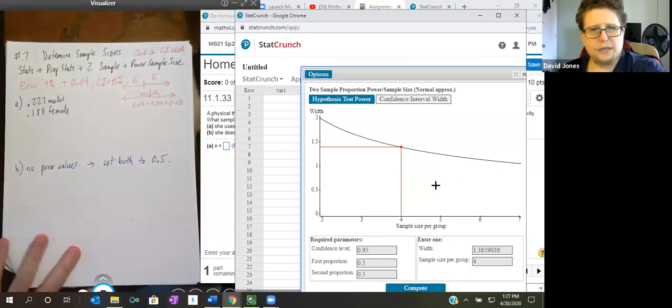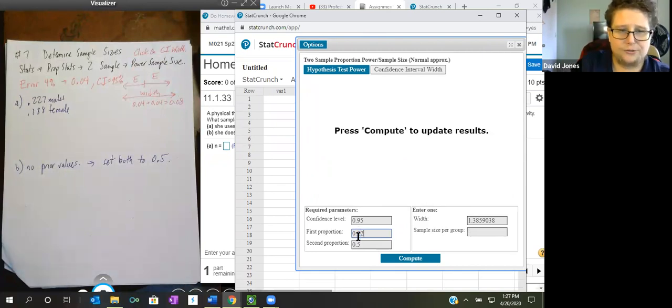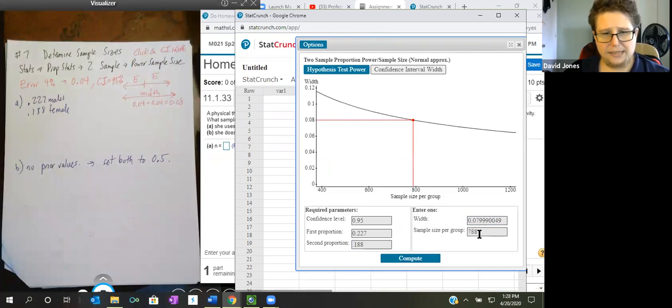So what we do is, in this box, we enter in the confidence level that we want. We enter in our two proportions. Our two proportions were 0.227 and 0.188. I want the width to be double the error, and we want that in decimal form, so 0.08. That's 2 times 0.04. Sample size per group should be 788.